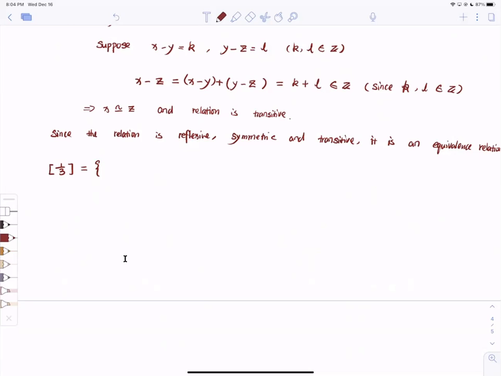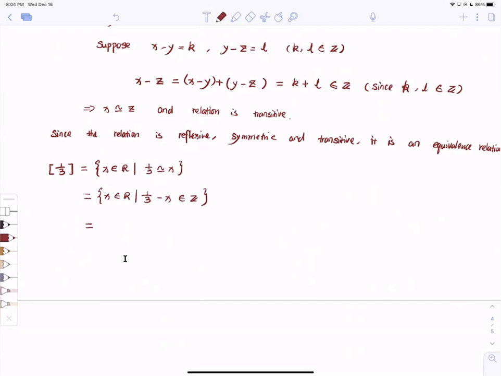All x such that 1 over 3 minus x is in Z? Yes. Okay, so this means all x in real numbers such that 1 over 3 has a relation with x. In this case, it's exactly what you said, such that 1 over 3 minus x is an integer.